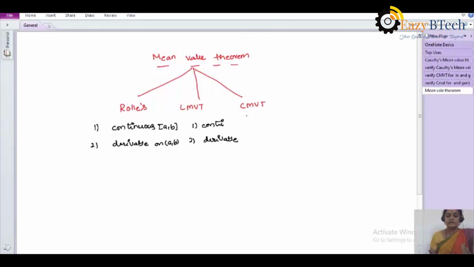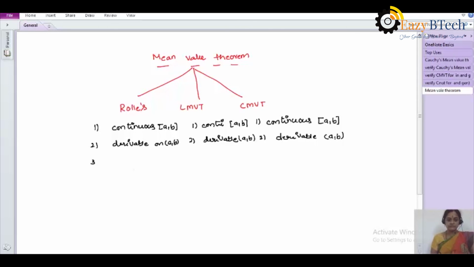And CMVT, that means Cauchy's mean value theorem, also has the same conditions: continuous on the closed interval [a, b] and derivable on the open interval (a, b).